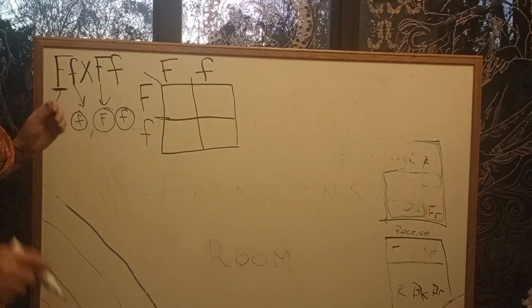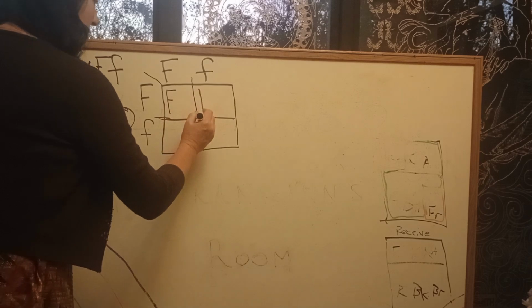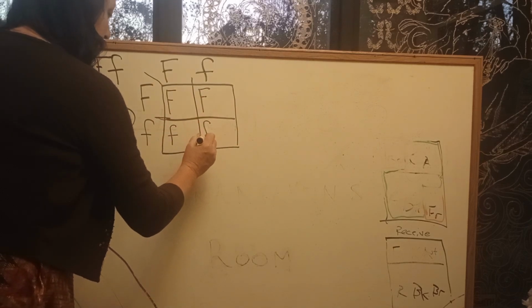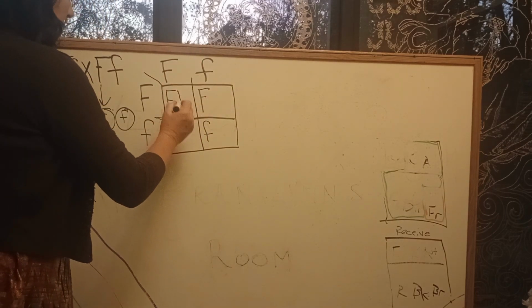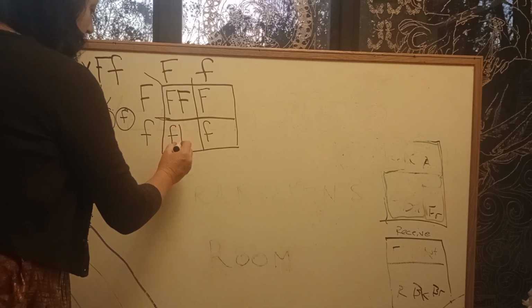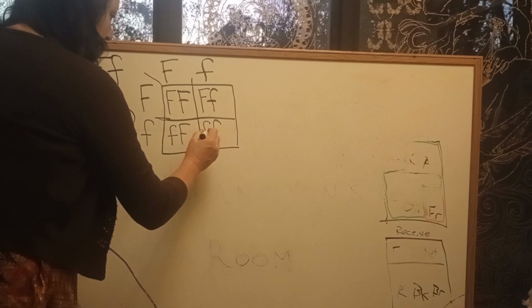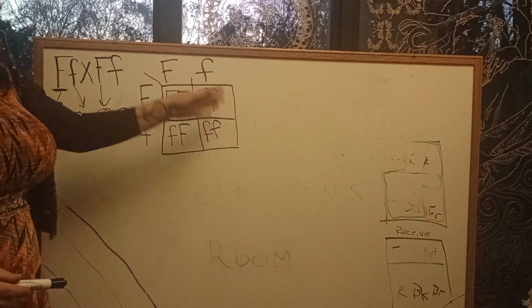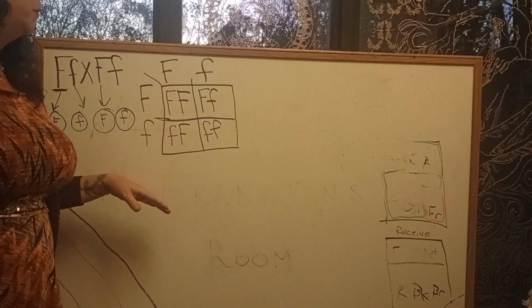And then from there, you just carry these over, so capital F, recessive non-freckle, and then you bring these down from the top, so capital F, little f, and now you have the possible genetic probability of the offspring, basically.